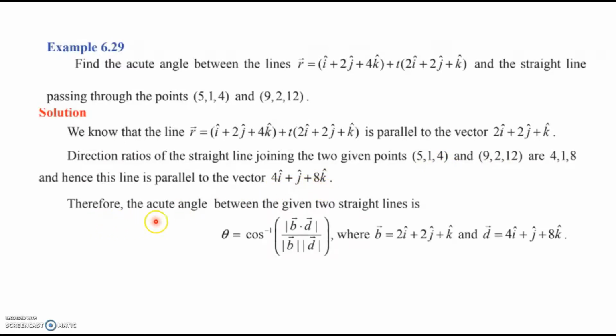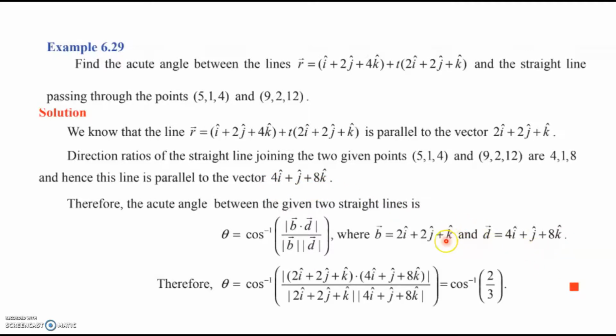So therefore the acute angle between the given 2 straight lines is theta, equal to, we know the formula, cos inverse of the magnitude of b dot product with d divided by magnitude of b into magnitude of d. And here our b and d are defined. b would be 2i cap plus 2j cap plus k cap, and our d would be 4i cap plus j cap plus 8k cap.